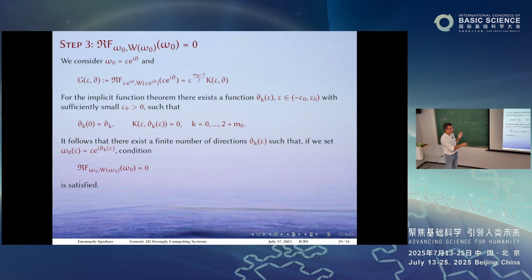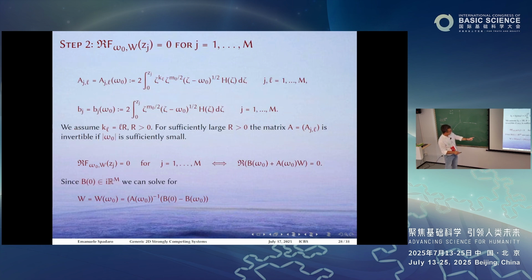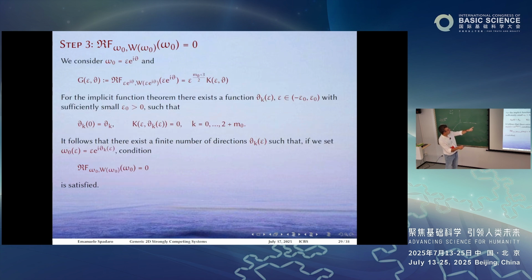So this one was not yet fixed. In the previous part, we have fixed the real part 0 on the old set of critical points, not the new one. So now we need also to take care of what happens to the real part of this primitive in the new critical point omega 0.